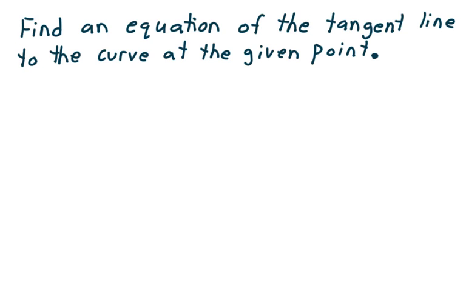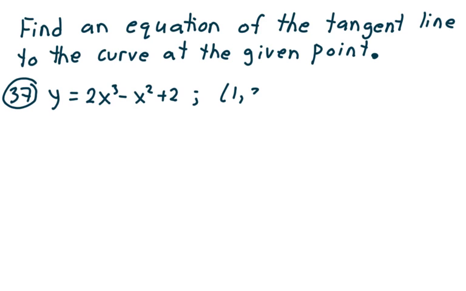And so I'm going to take a look at problem 37. Now, suppose I have the following. Y equals 2x cubed minus x squared plus 2. And the ordered pair is 1, 3.